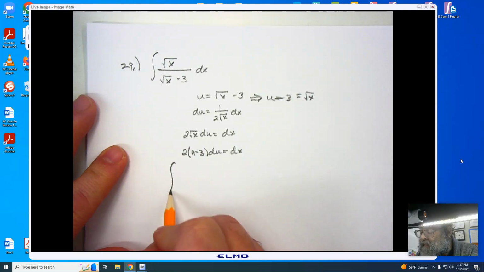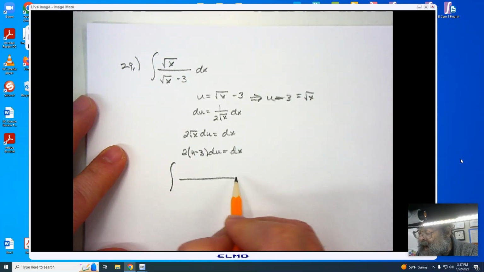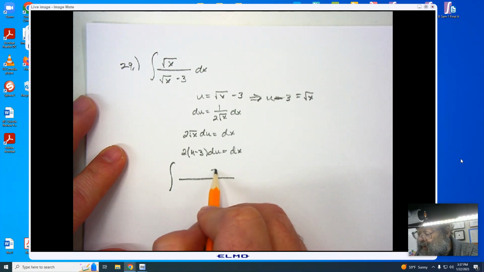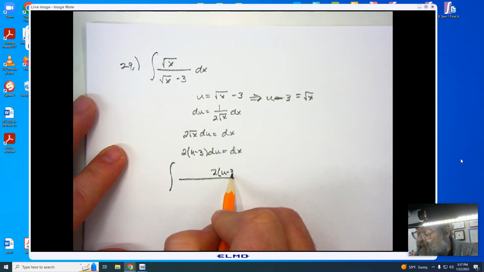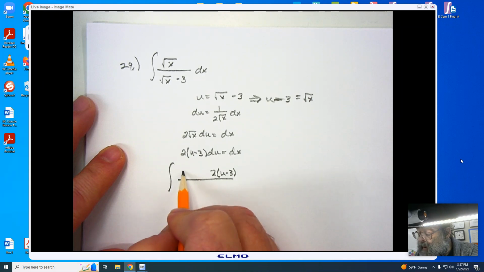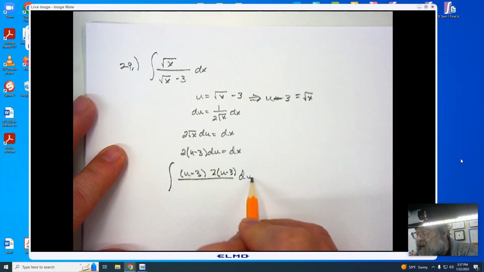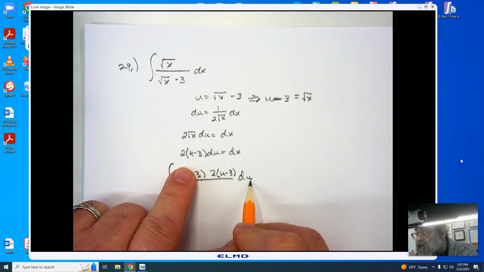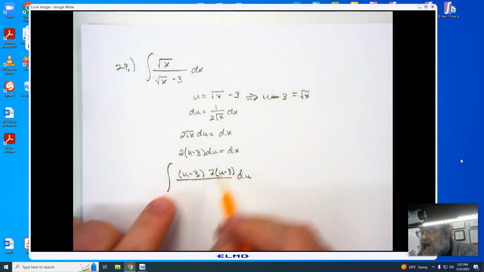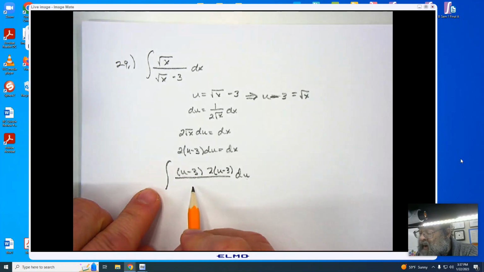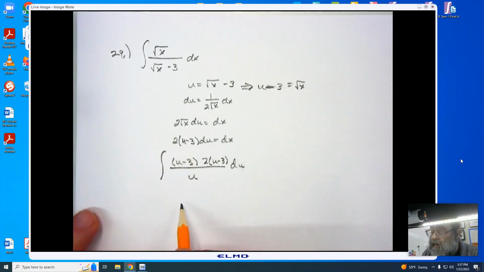Now I can start substituting various pieces. I'm going to have this 2 u minus 3. I have another u minus 3. Notice this right here is the du, and this is the root x. And then I have a u in the denominator.